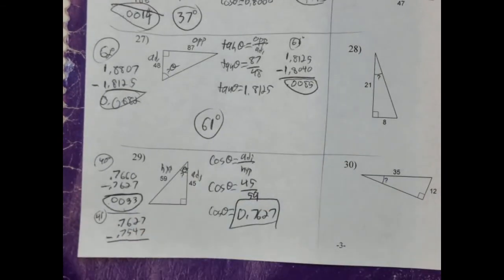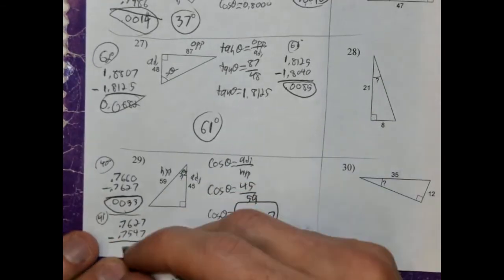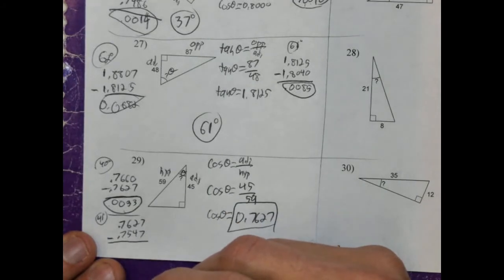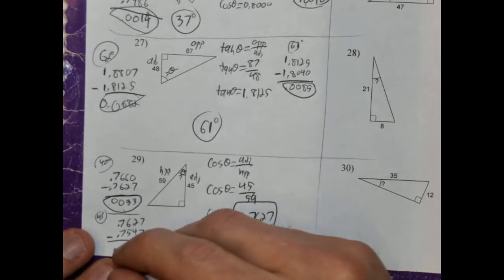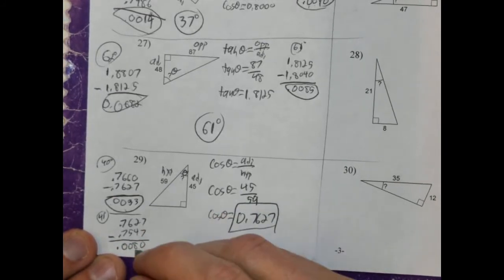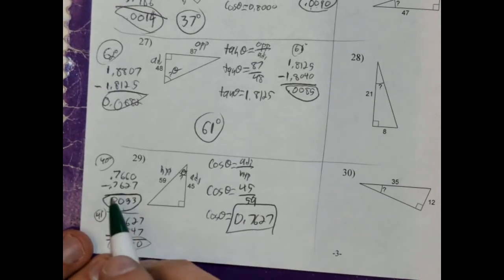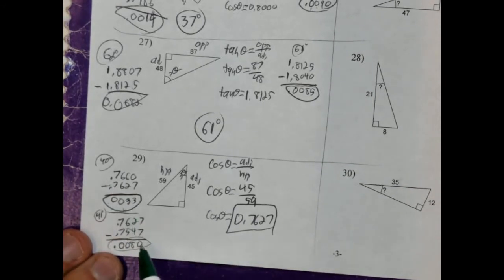I'm going to do that on screen because, again, I'm being a little lazy here. 0.7627 minus 0.7547. Look how close that is, guys. Wow, that doesn't sound right. Oh, it's not. I almost made a mistake there because it didn't look right to me. It's not close at all, but I thought that was the fourth place value. So it's going to be 40 degrees because that number is significantly smaller than that.